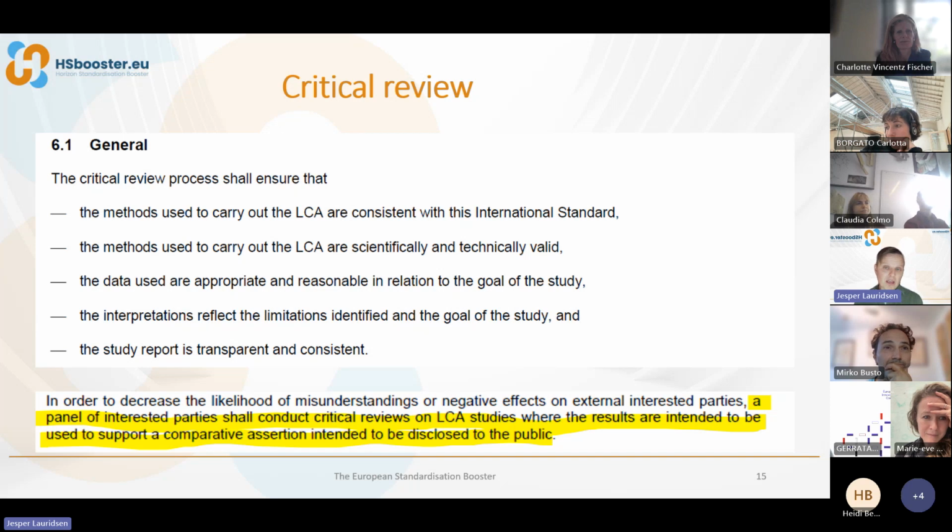So that's one of the areas where the Commission in their PEF project has been much more detailed about how they want the LCA to work.